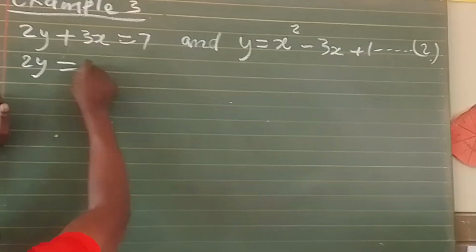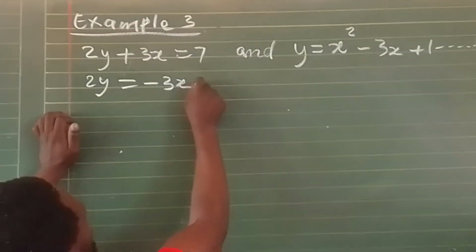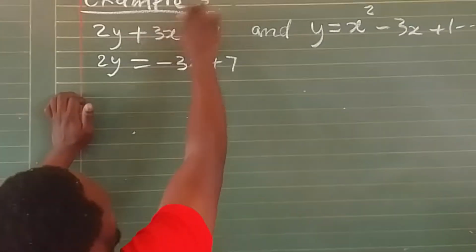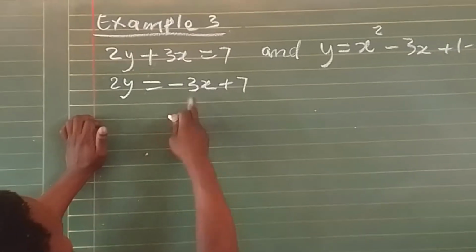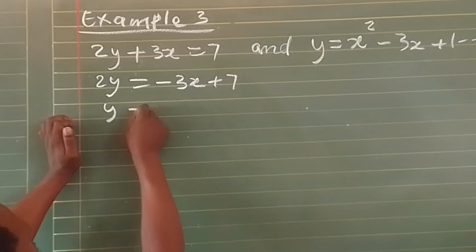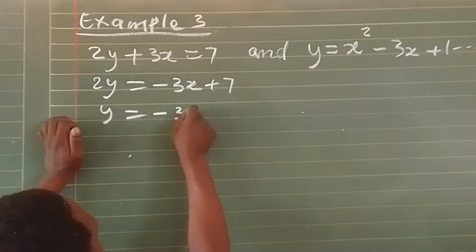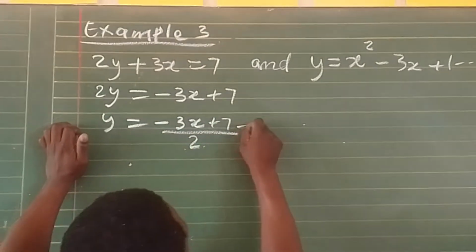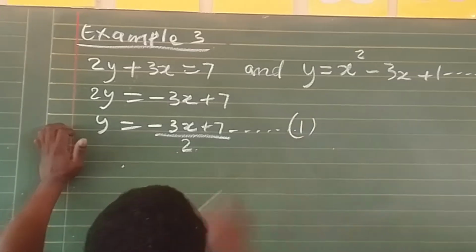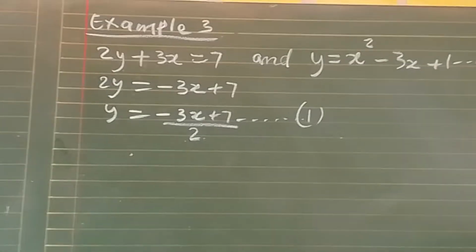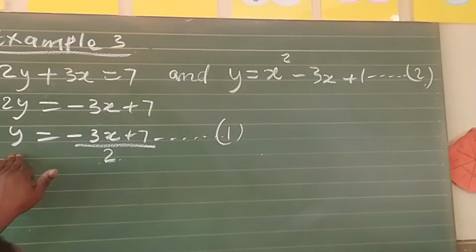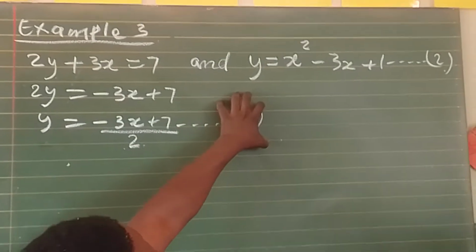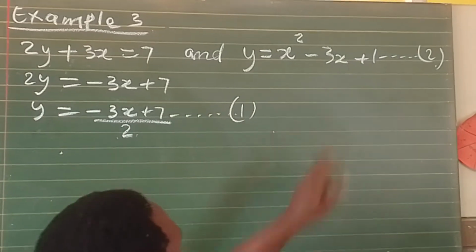2y is equal to minus 3x plus 7. You took that 3x to that side to become negative. Then y is equal to minus 3x plus 7 divided by 2. Now this is your equation 1. Now we are going to substitute this y from equation 1 into equation 2.